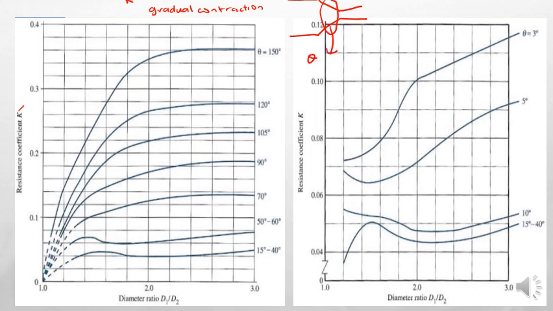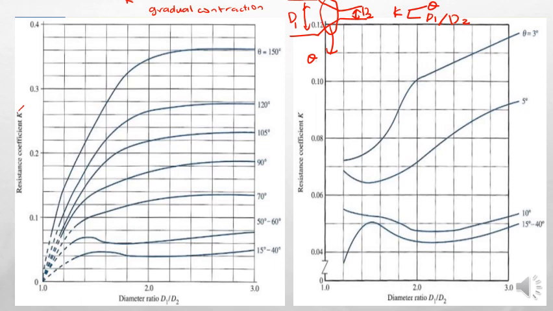This angle actually contributes to the value of K. So the K value depends on the angle value and the ratio of D1 divided by D2. D1 is the diameter inside the bigger pipe, and D2 is the diameter inside the smaller pipe.